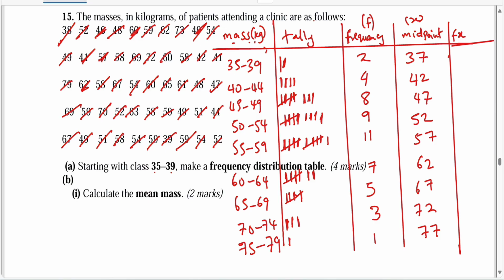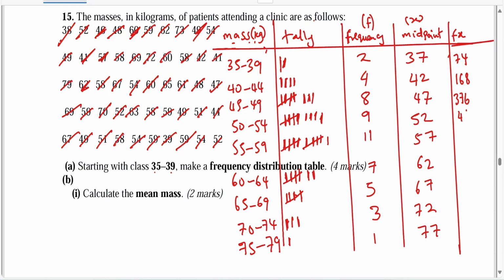So 37 times 2 is 74. 42 times 4 ni 168. 47 times 8 ni 376. 52 times 9, it's 468.